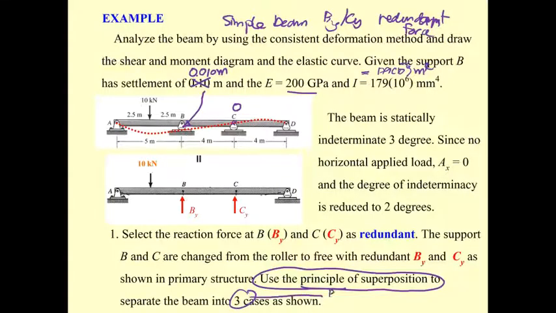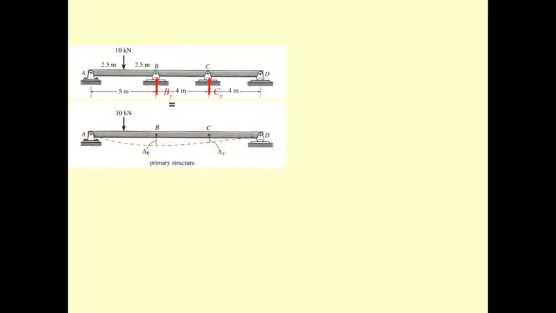One is the primary beam, another is the beam subjected to B sub Y, and another is the beam subjected to C sub Y. Then we consider the deformation of the beam and set up the compatibility conditions: the primary beam, plus the beam subjected to B sub Y, plus the beam subjected to C sub Y.